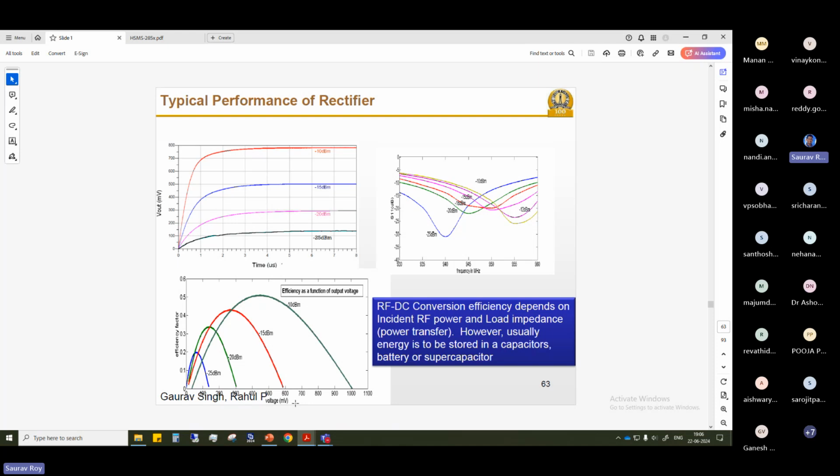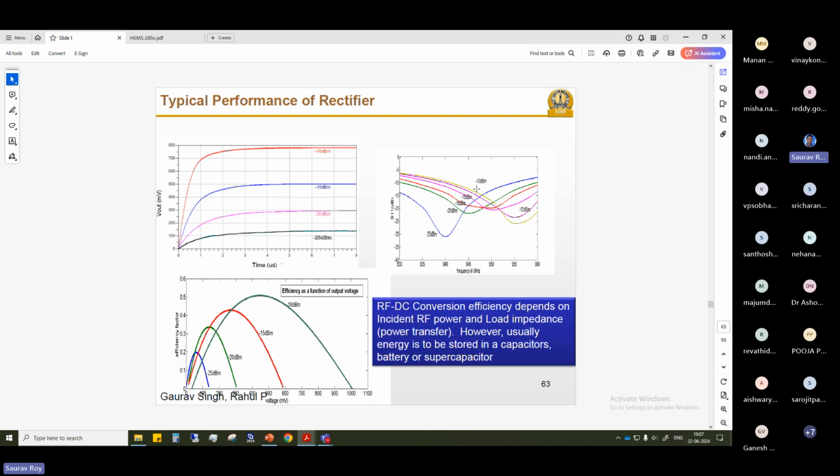But the interesting thing is you are not getting both of them. You see the curve peaks at some output voltage and then it falls. So you have to sacrifice something. If you want a very high voltage, you have to sacrifice the efficiency. There is a trade-off. After some point of voltage, it drops.